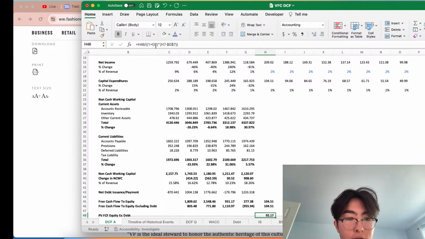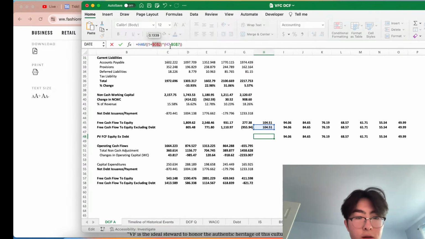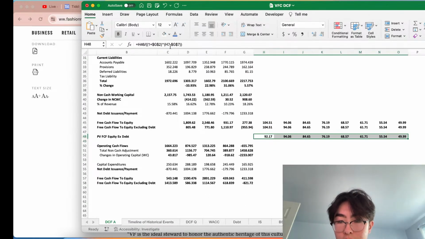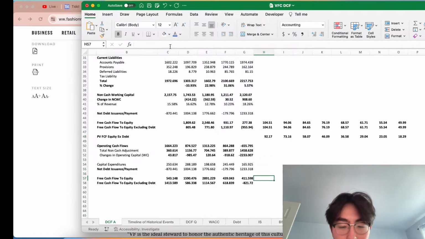Cost of equity should also be fixed. Okay, so I think these are in millions, so it'd be 92 million. Whatnot.